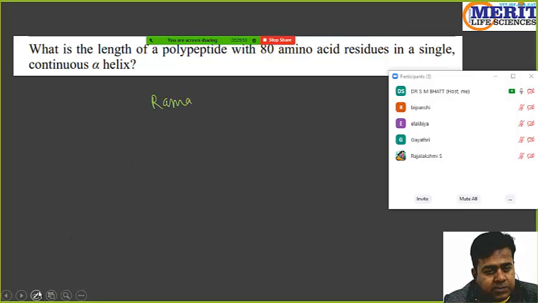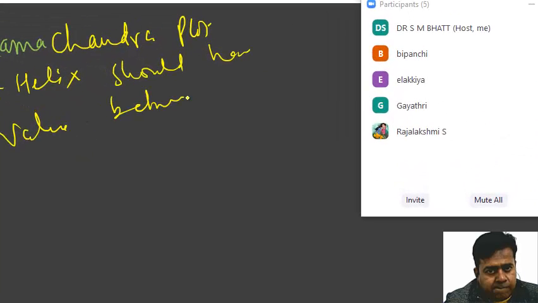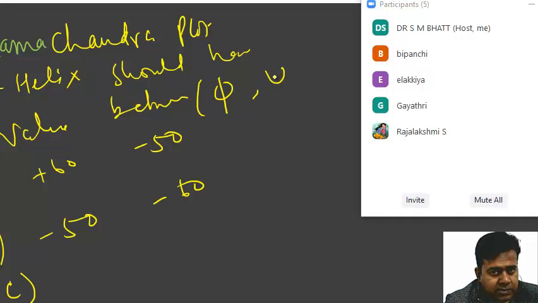How you can forget Ramachandran plot? Alpha helix should have value between plus 60, minus 50, minus 50, minus 60, value between for phi. This is phi, right? And this is psi. Okay.